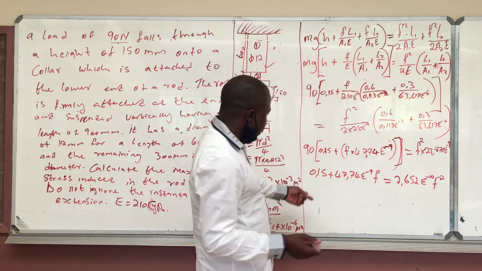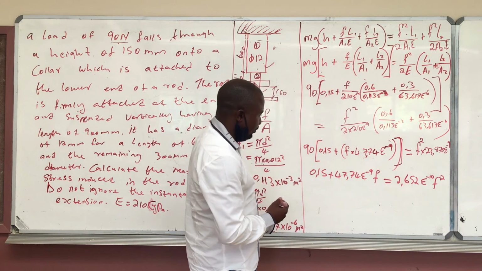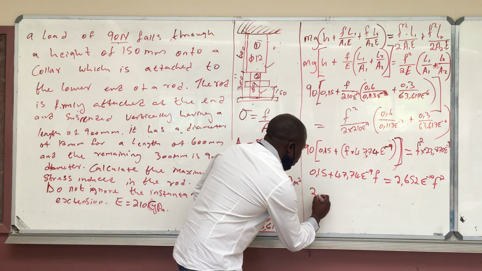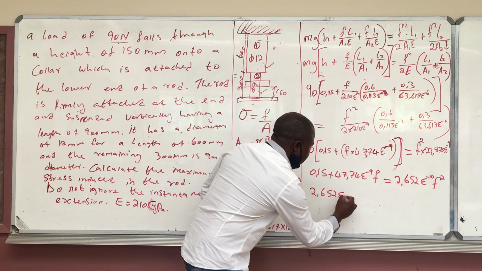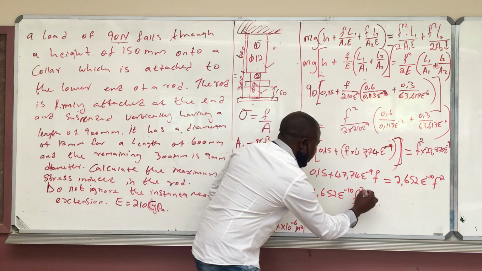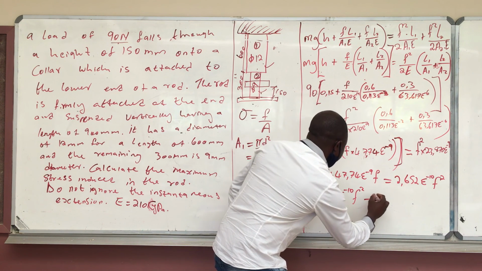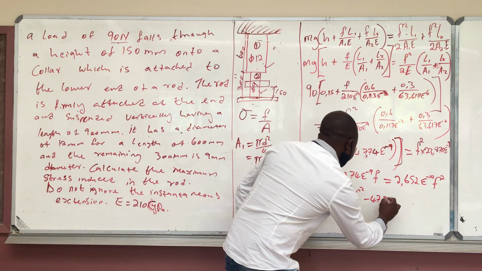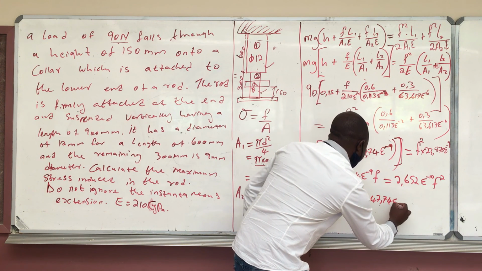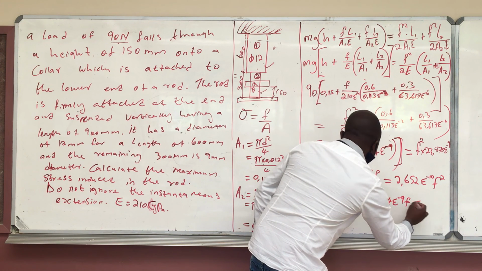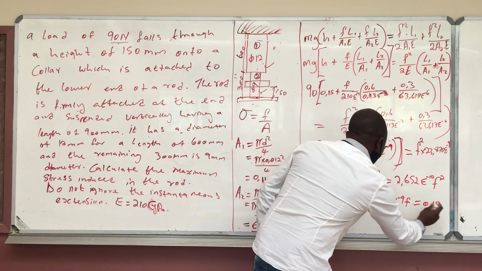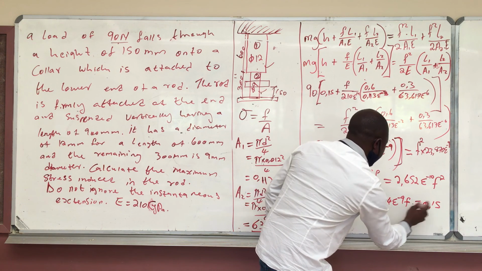So okay, now it's a quadratic equation: 2,52 exponent negative 10 F squared minus 47,74 exponent negative 9 F minus 0,15 is equal to 0.